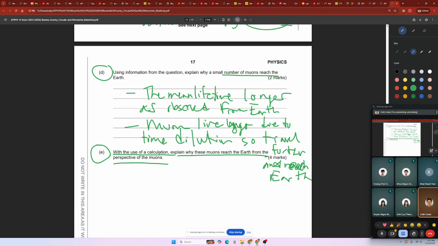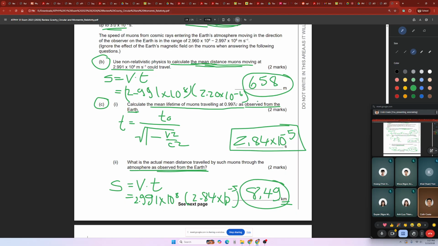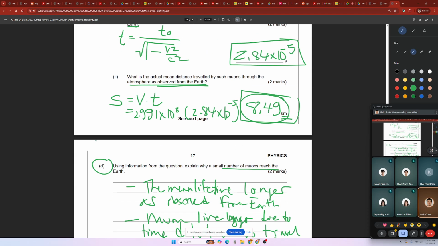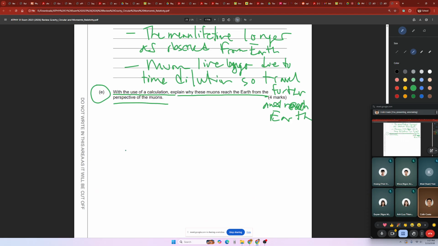Well, the distance that they would travel is that far, I believe, right? What's the distance as observed from Earth? Oh, okay. So here it is, the distance that they will travel. So what do we know?